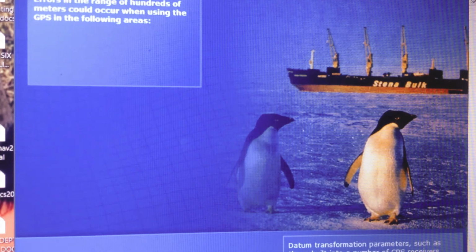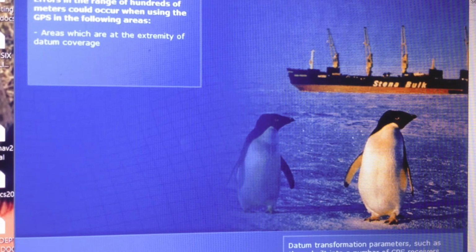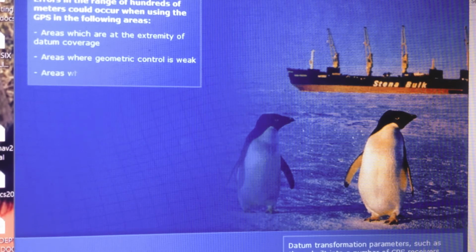Errors in the range of hundreds of meters could occur when using the GPS in the following areas. Areas which are at the extremity of datum coverage. Areas where geometric control is weak. Areas where survey data is too old.